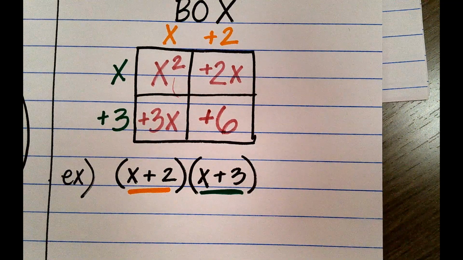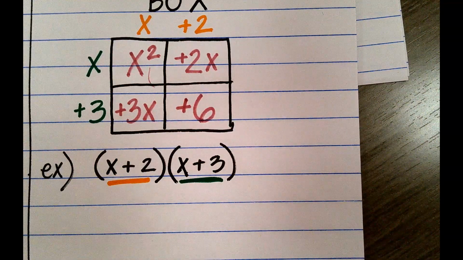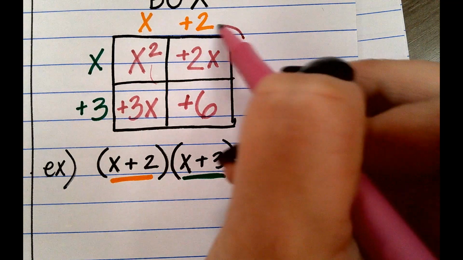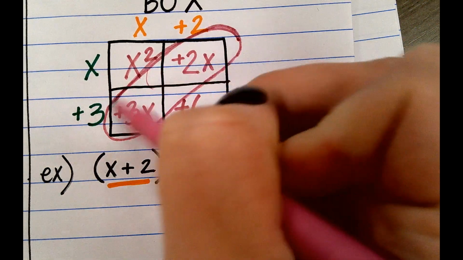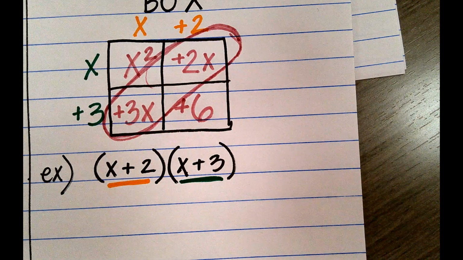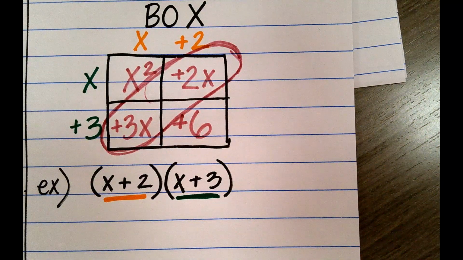So from here, how we find our final answer is we combine like terms. You combine like terms inside the box, which are almost always going to be these diagonals, 2x and 3x. Just like 2x and 3x were the same ones in the FOIL method.